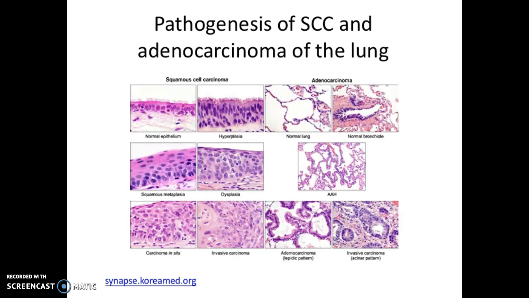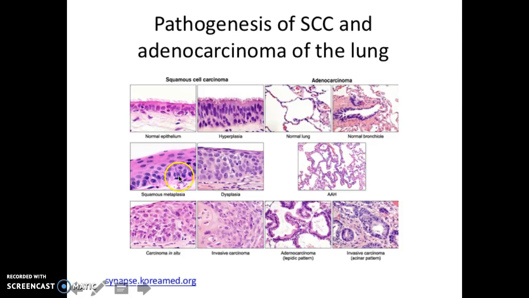Okay. For squamous cell carcinoma and adenocarcinoma, there are different pathogeneses. So for squamous cell carcinoma, the normal bronchial lining will exhibit hyperplasia and squamous metaplasia if it is exposed to injury or insult.